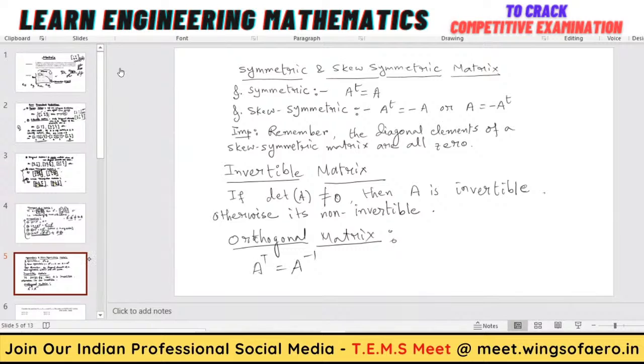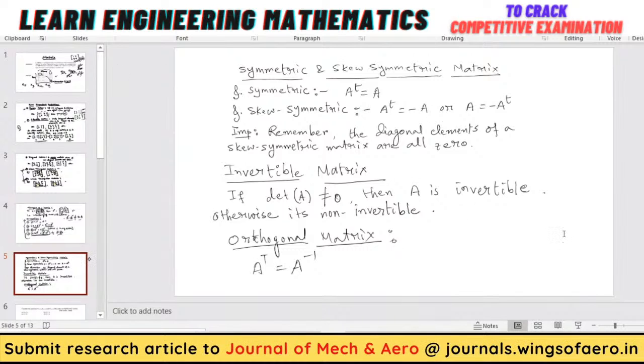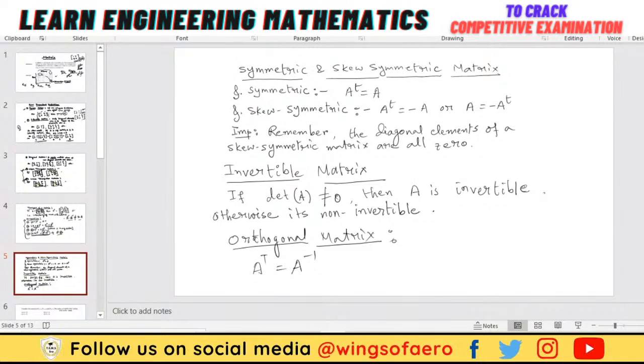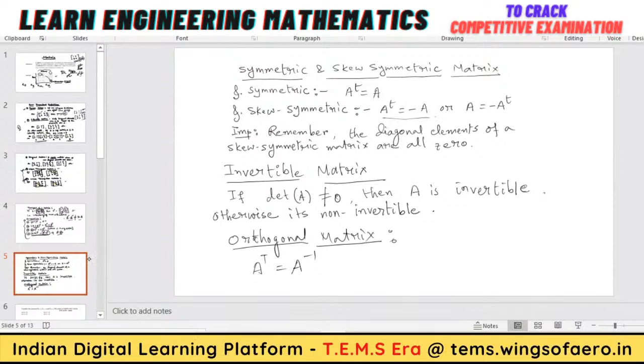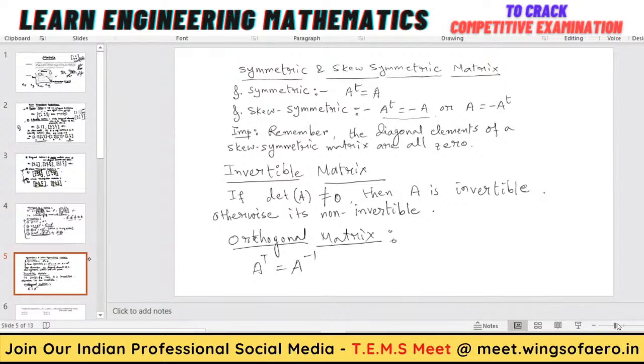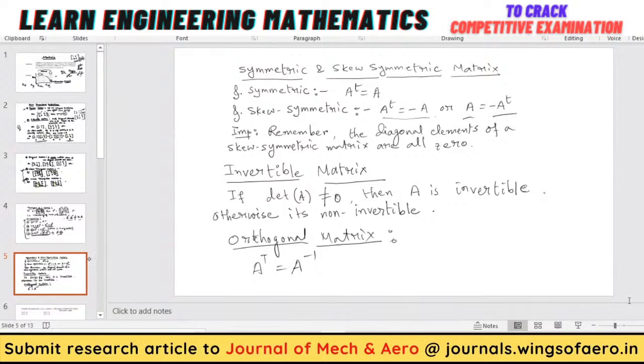Next, symmetric and skew symmetric. Symmetric matrix is A transpose equal to A. If I take the transpose of a matrix, the transpose and the original matrix are both equal. This is called a symmetric matrix. And skew symmetric is A transpose equal to minus A. If you take the transpose and take the minus sign of it, then A and minus A transpose will be equal.